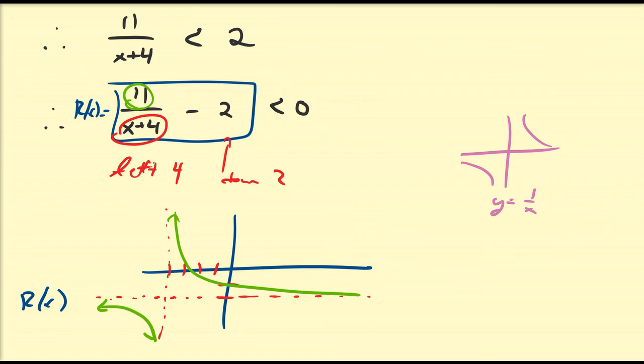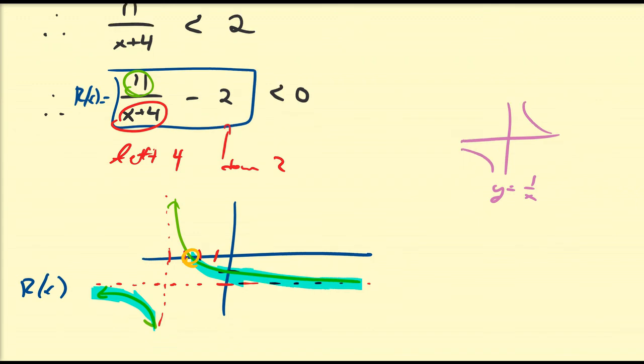I want to know when this curve is negative, so I clearly see two intervals. Clearly we're going from negative infinity to negative 4, so those are some of our negative values that work. And also there's this x-intercept to positive infinity that is going to work as well.